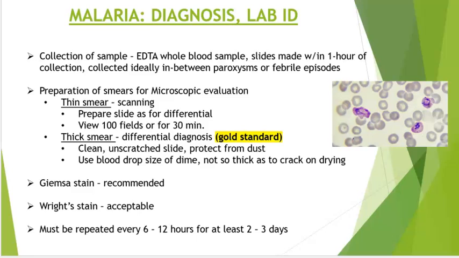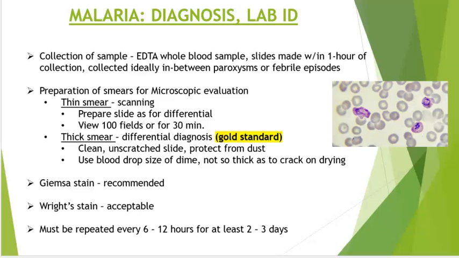You want a clean, unscratched slide, and you want it to have been protected from dust. As far as the sample size, you want to use a blood drop the size of a dime, and you don't want it so thick that it cracks while drying. You want a thick smear, but not so thick that it's going to crack.